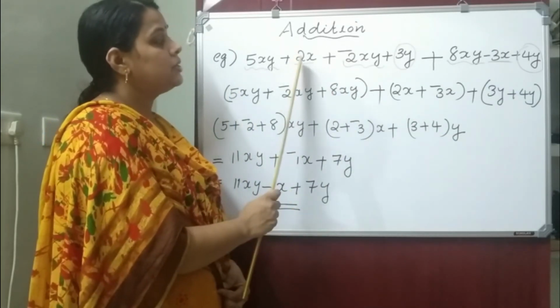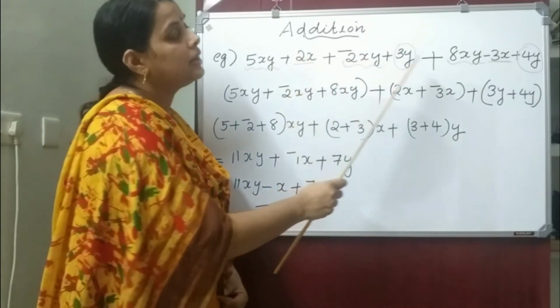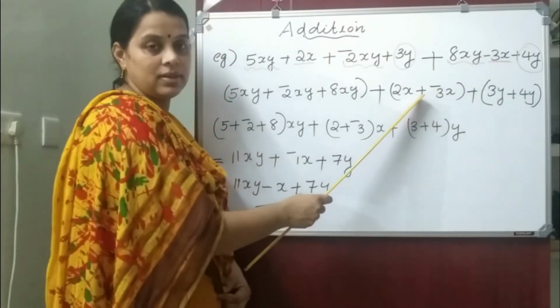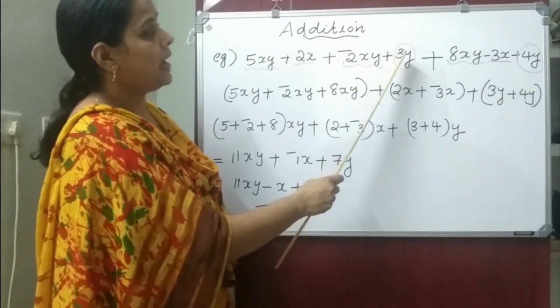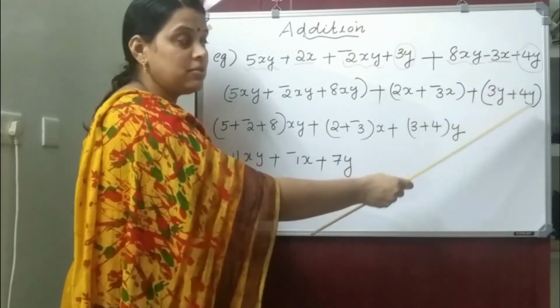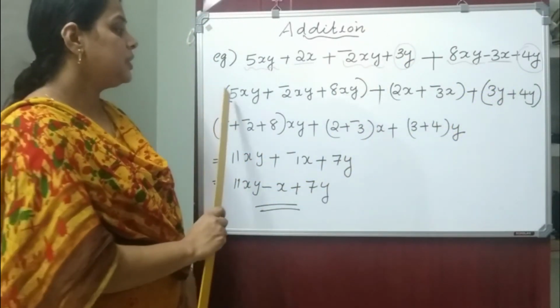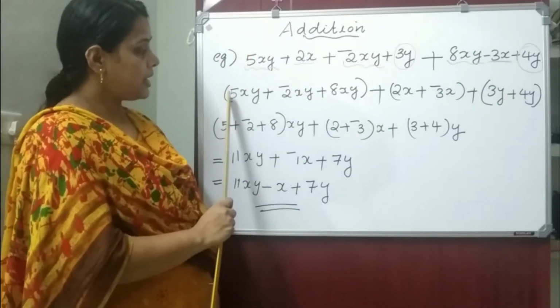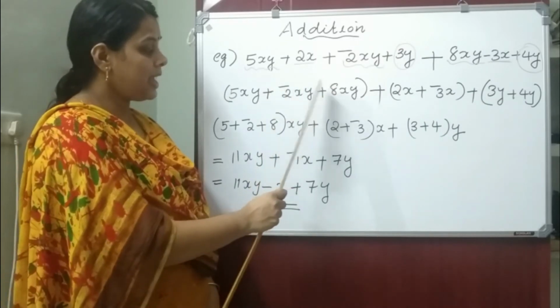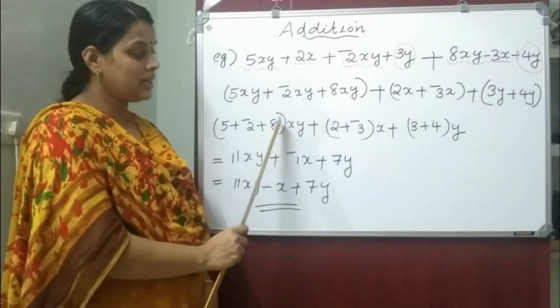Next is 2x, then minus 3x together. Now 3y and 4y are like terms, together. Now we need to add only the numerical coefficients. They are 5 plus minus 2 plus 8. We can write it like this.